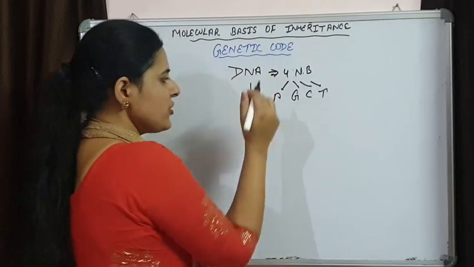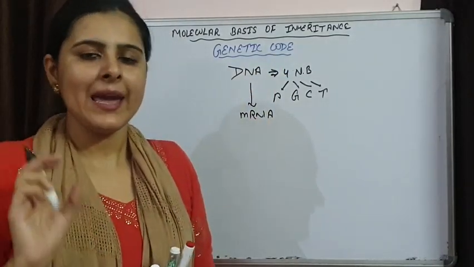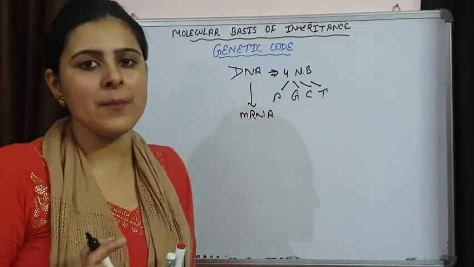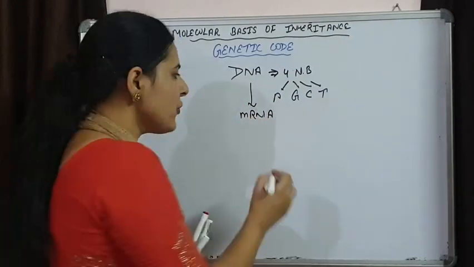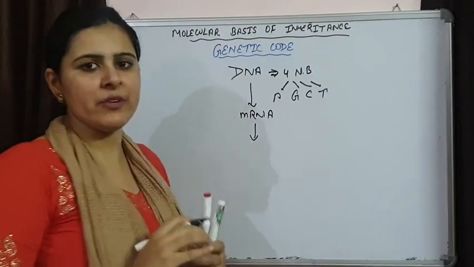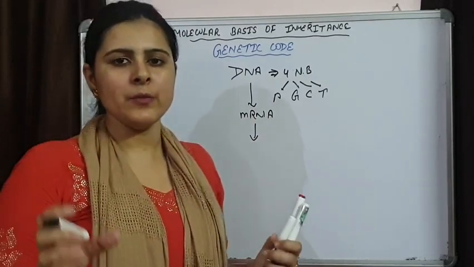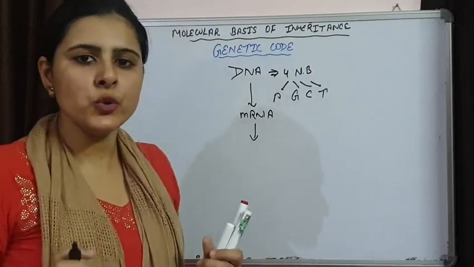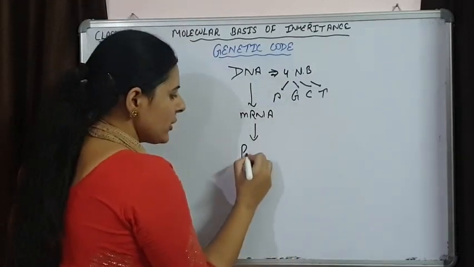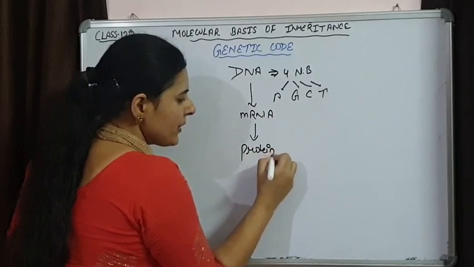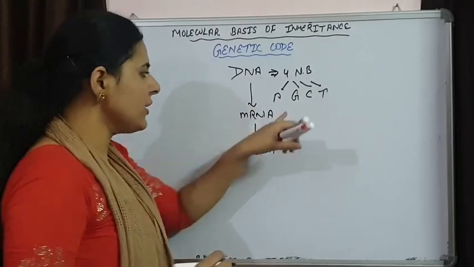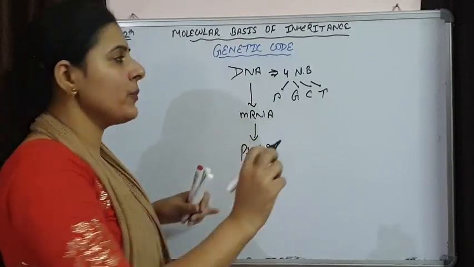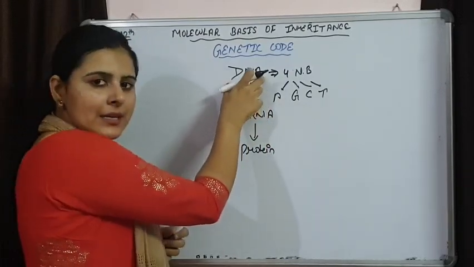So this information will be coded in the form of mRNA, and the information present in mRNA will be used by several agents like ribosomes and tRNA. They are going to use it, and finally they are going to form the protein based on the information that is present over here. And originally that information came from the DNA.